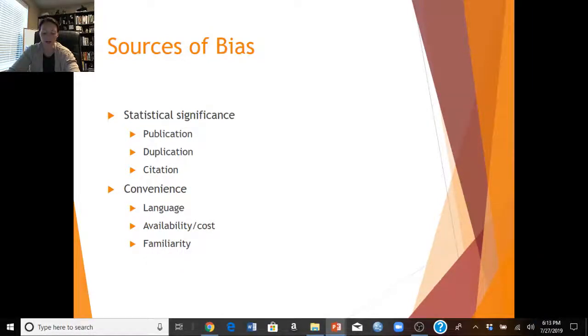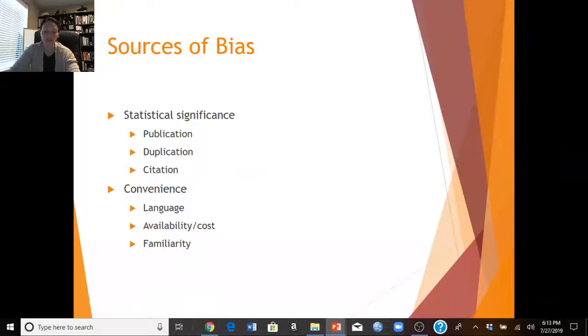So you're ending up with articles that are based on the same sample of data with the same basic findings, but they are doing a recapitulation of that with multiple publications. So there can be duplications of highly significant results that are out there.